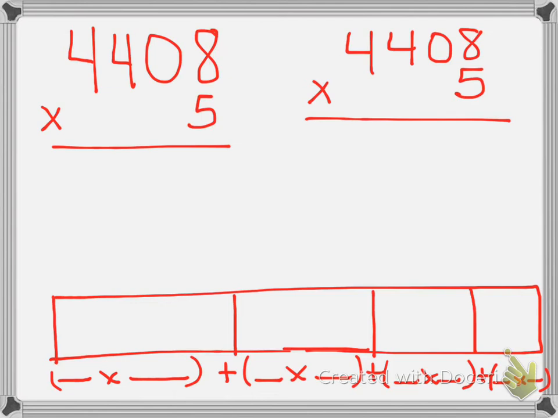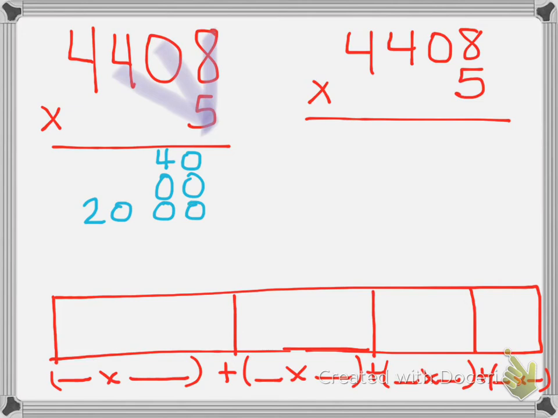Again, let's start with the partial products. 5 times 8 ones is 40 ones. 4 tens, 0 ones. 5 times 0 tens is 0 tens. I'm going to put that as 0 tens. There's none in the tens place. Next, I have 5 times 4 hundreds, which is 20 hundreds. 20 hundreds is the same as 2,000.